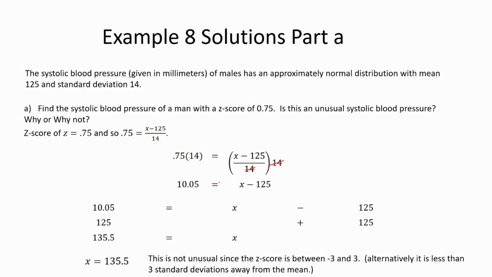So we have 10.05 equals x minus 125. Now, how would you get x? You can add 125 to both sides. When we do that, we have 135.5 equals x. So in other words, x is equal to this. That's the data value.